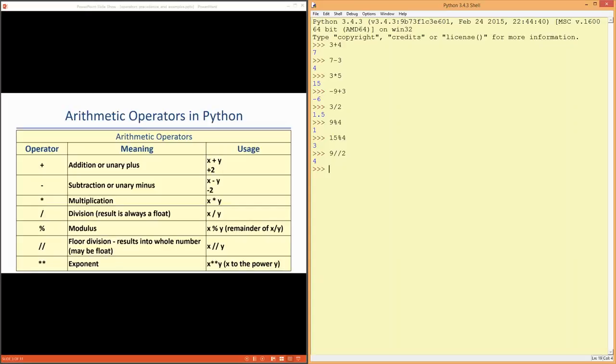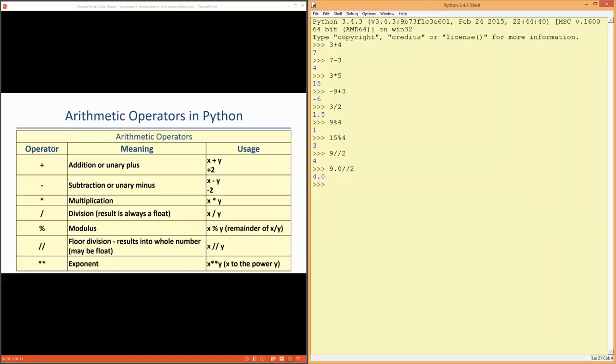Notice that if I say 9.0 floor divided by 2, even though the answer is a floating point number, it is still the whole part of the number. So when you use the floor division, if one of the numbers that you use is a floating point number, the answer would be a floating point number, but it still would be the whole part of the number.